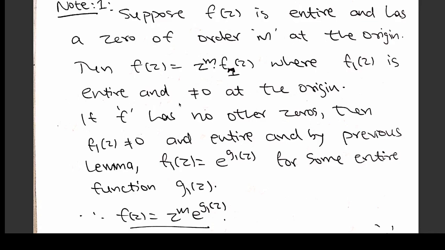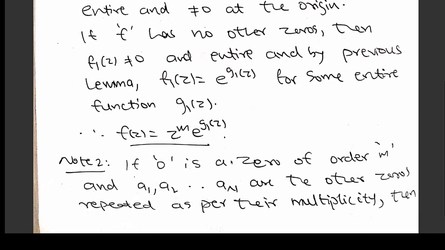If f has no other zeros, then f1 is an entire function which is non-zero. Therefore, by the previous result, f1(z) you can write as e raised to g1(z). So f(z) equals z raised to m times e raised to g1(z).